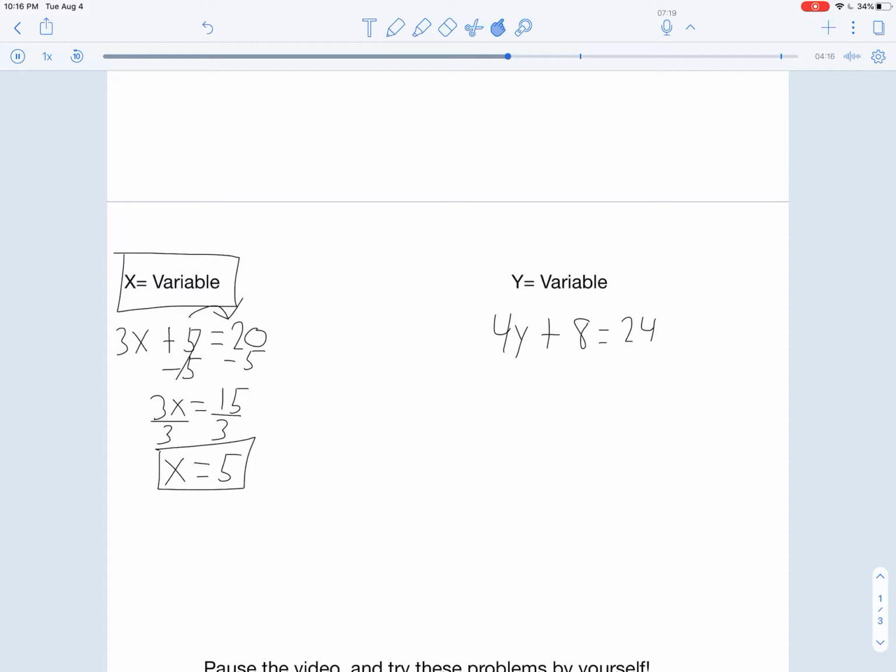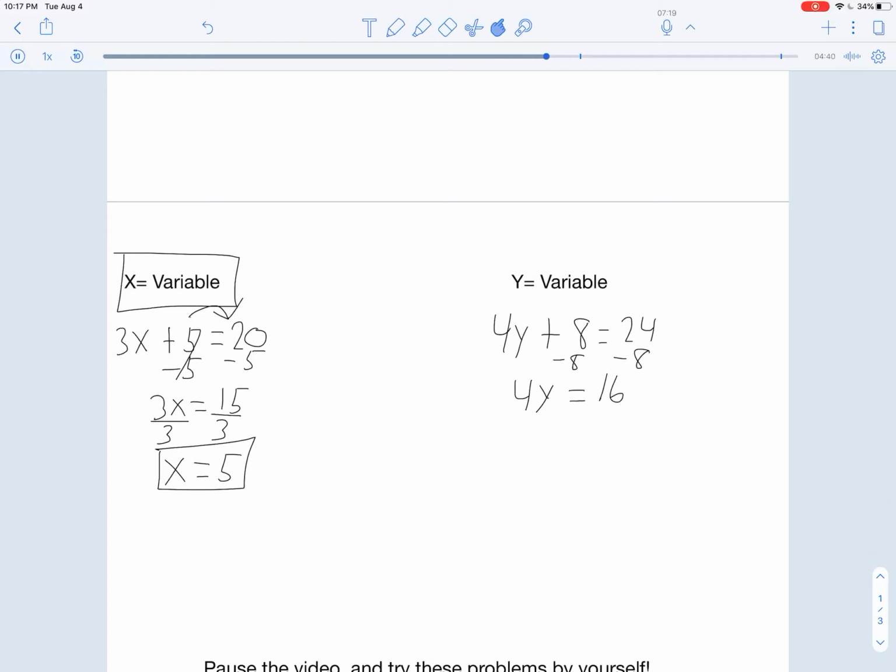All right, let's look at one more. Now here we have y as our variable. 4y plus 8 is equal to 24. We're going to want to get our like terms on the same side of the equation. So plus 8, the opposite is subtraction, so minus 8. Subtract 8 from both sides. 4y is equal to 16.